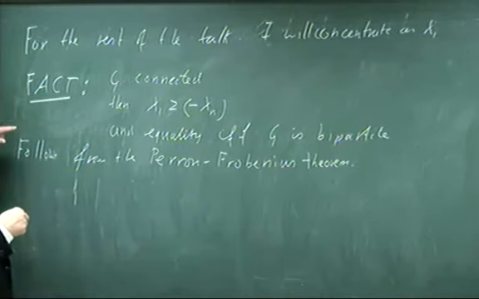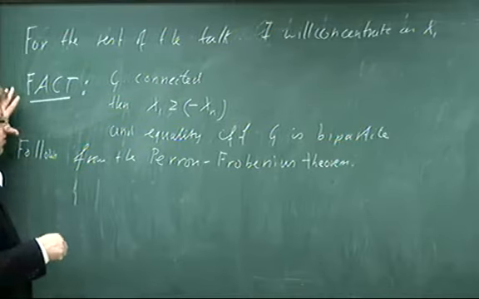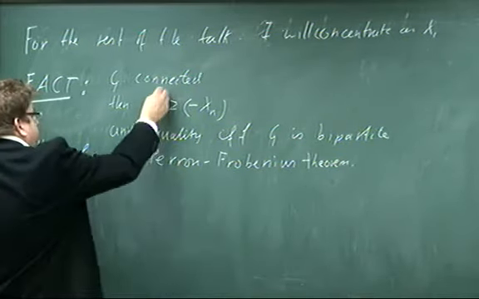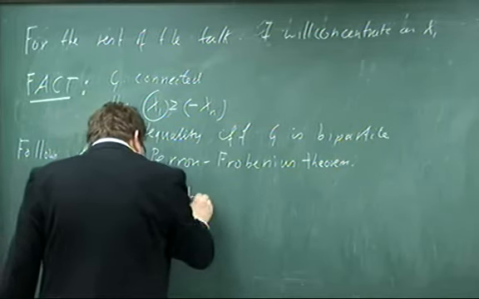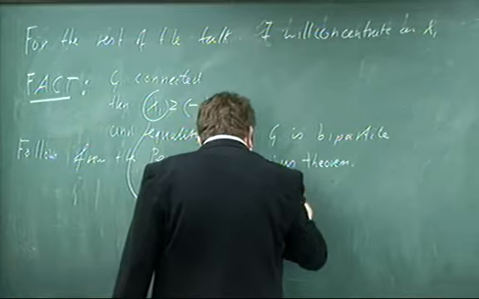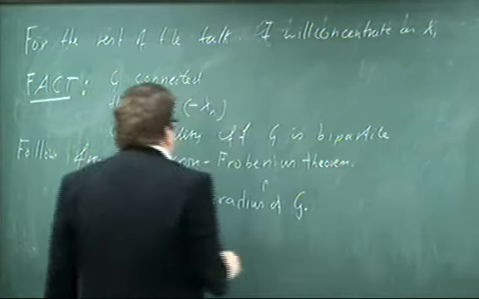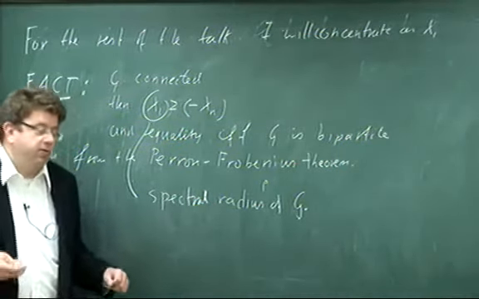And this number lambda 1 is called the spectral radius of G. And usually we call it rho instead of lambda 1. So the spectral radius is the largest eigenvalue of the graph.